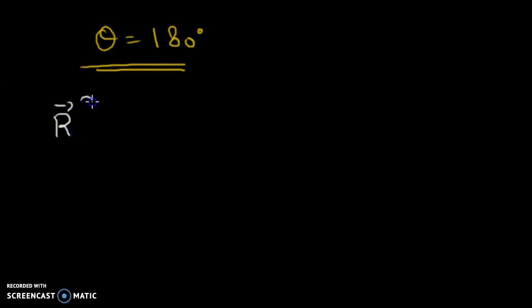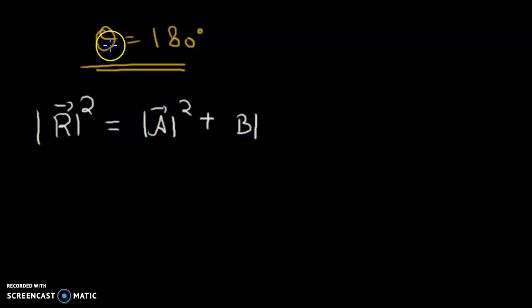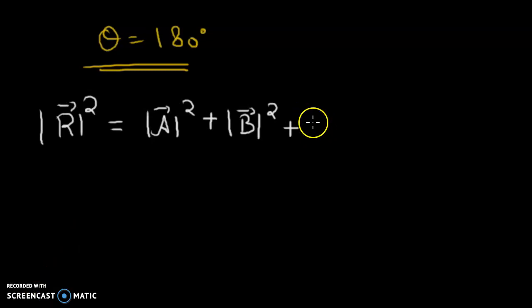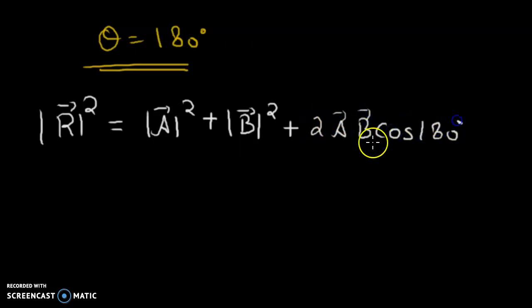Second case, if theta is equal to 180, the magnitude of r vector square would be equivalent to a vector square plus b vector square. Can you see that? Then twice ab cos 180 degrees, which is -1.